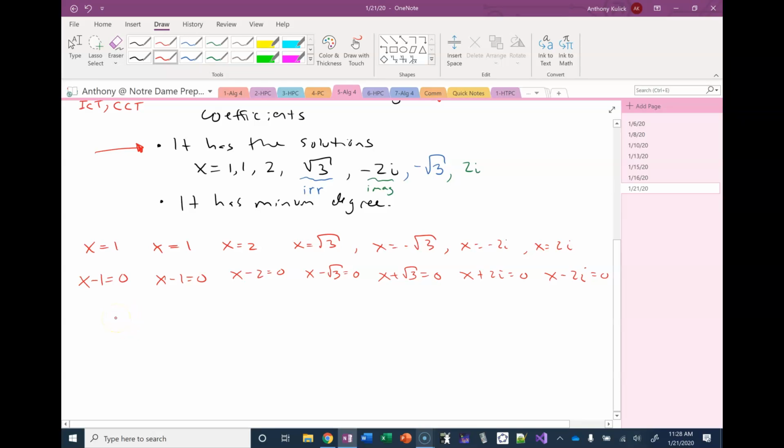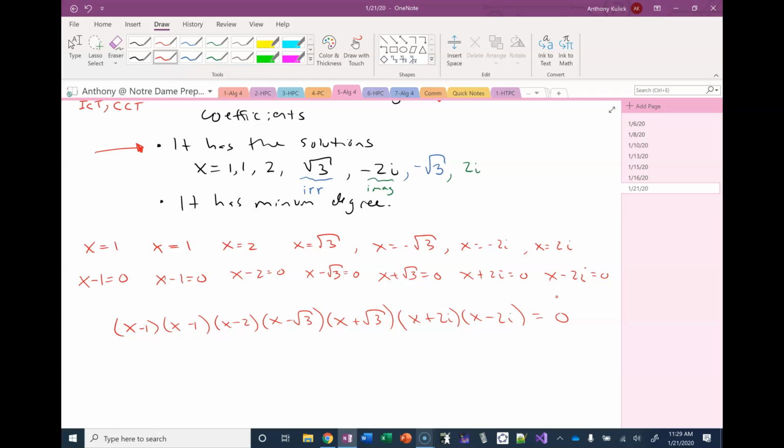So that means I'm going to multiply the left-hand sides all together, and then multiply the right-hand sides all together. Everybody okay there?